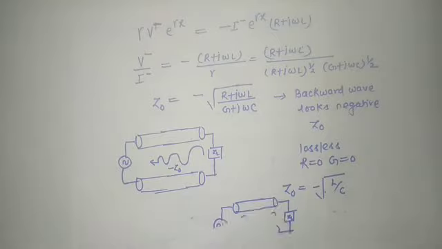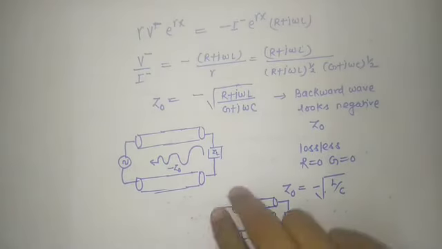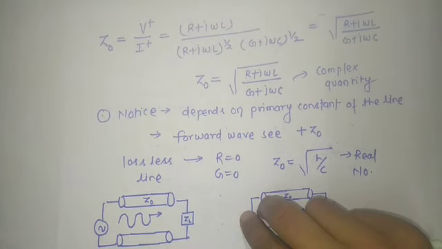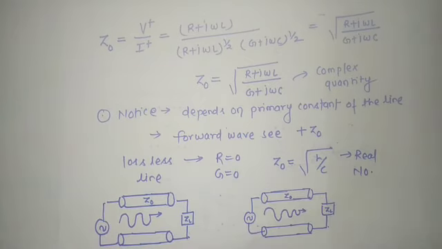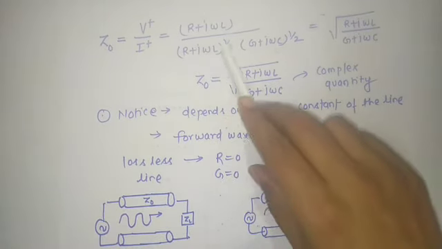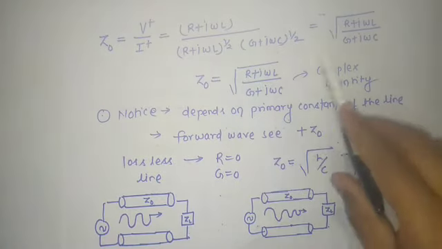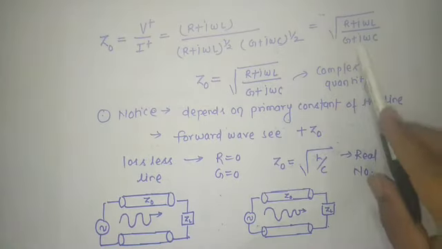So if we compare these two things, then we get Z naught equals V plus over I plus equals r plus j omega l divided by gamma. Put the value of gamma here, and finally you get this expression.